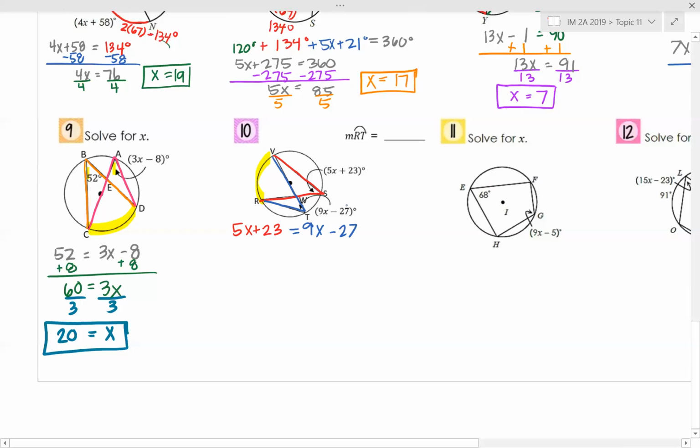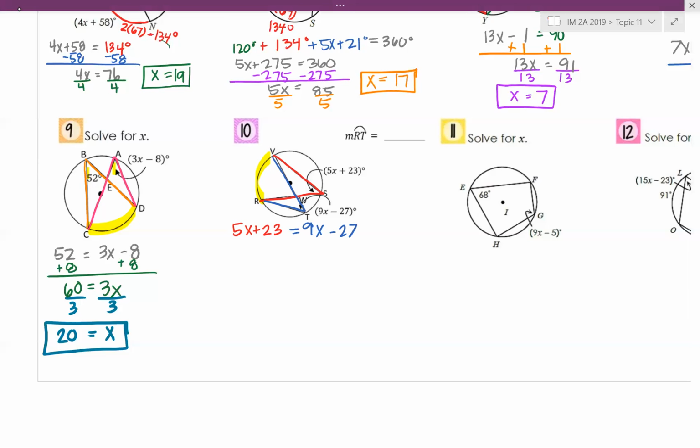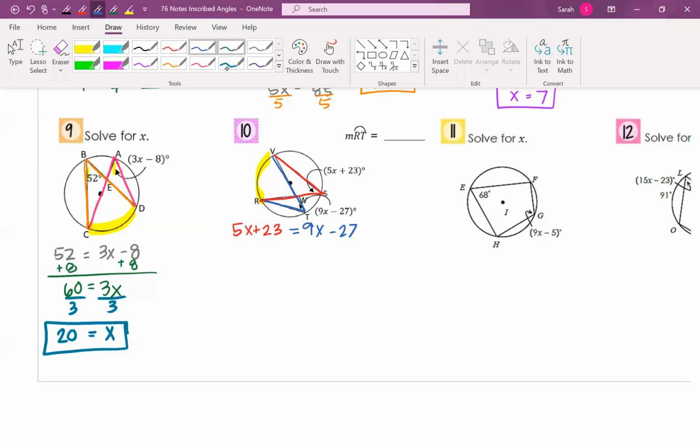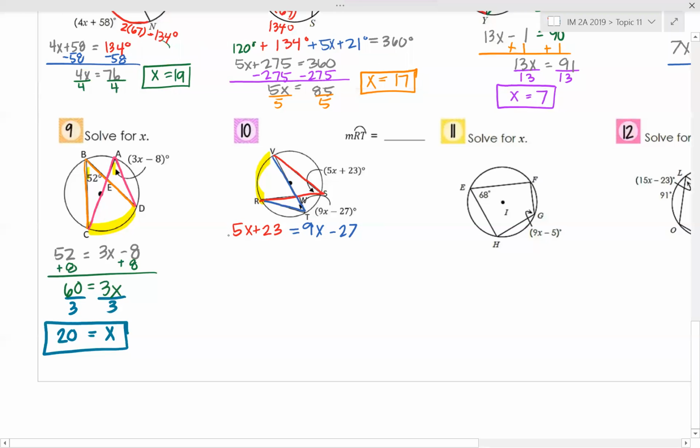This question is asking us to find the measure of arc RT. So it is going to take a little bit extra work to get there. So let's just solve for x first so that we can find the measure of those angles, and then we'll go from there. If I solve this, I want to move all the variables to the same side.